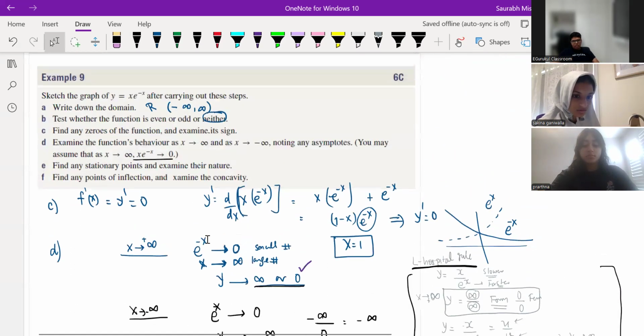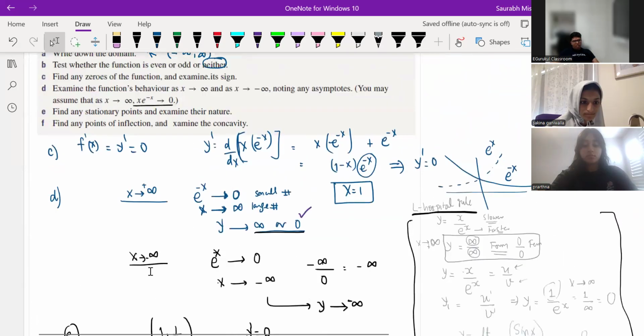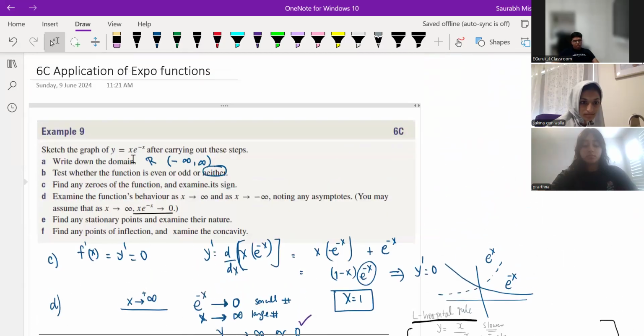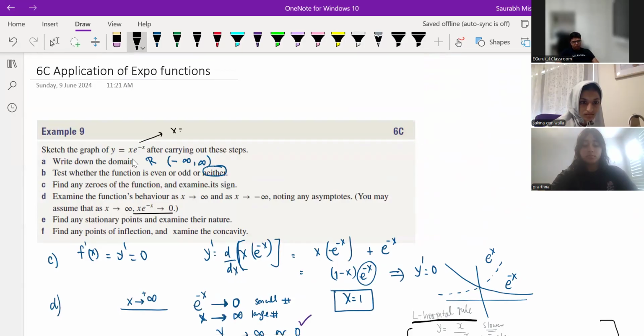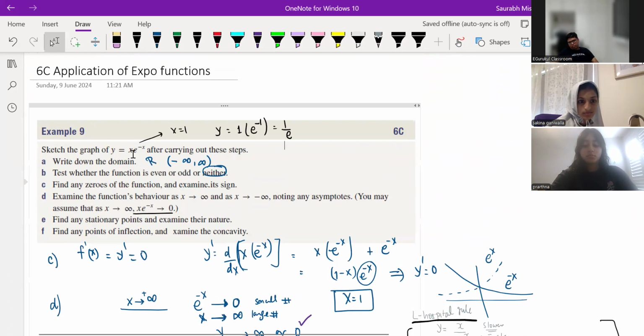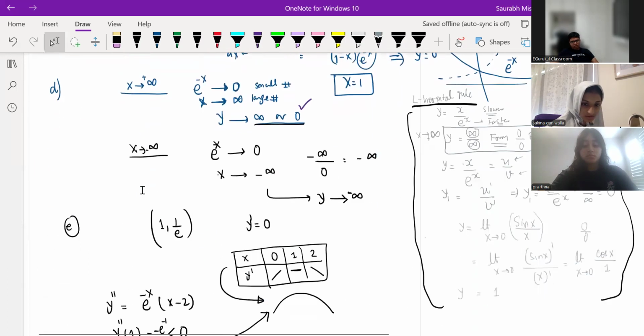Oh, so x is equal to 1 you got in part C, right? Or maybe you can do f prime x is equal to 0. And if you put x is equal to 1 in y, you get y is equal to 1 times e to the power minus 1, which is 1 by e. So basically that is the coordinate of the point where you got f prime x 0. Okay, yeah, that makes sense.